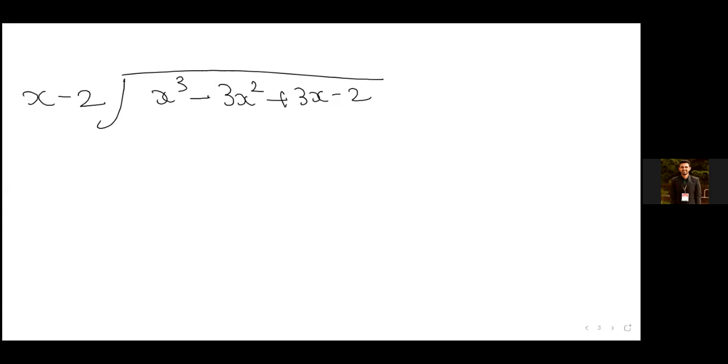You guys are making some mistake in between, I think. Quotient, yes, Smriti, you are correct.